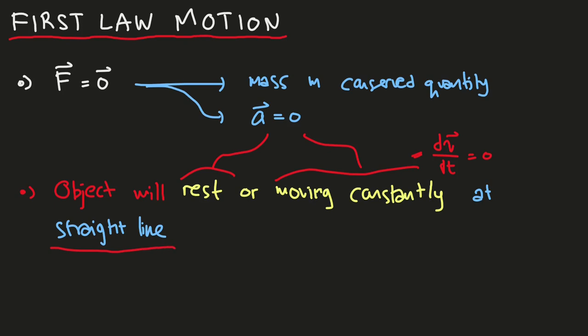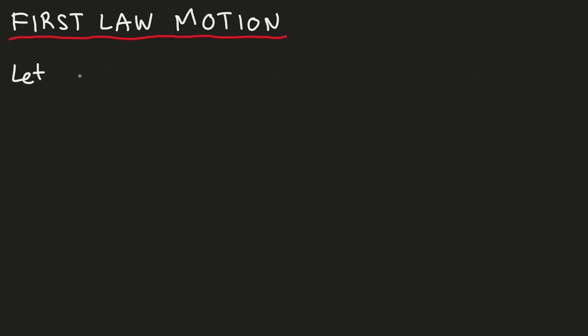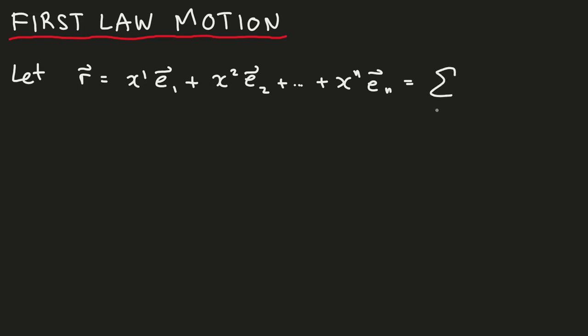But why a straight line in space? First of all, let R be a vector defined as x1 multiplied by e1 plus x2 multiplied by e2 and so on until xn multiplied by en, where this n is an index, not a power. I denote this summation as sigma like this.